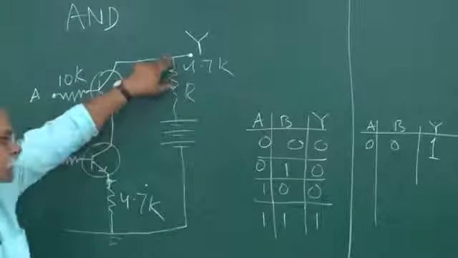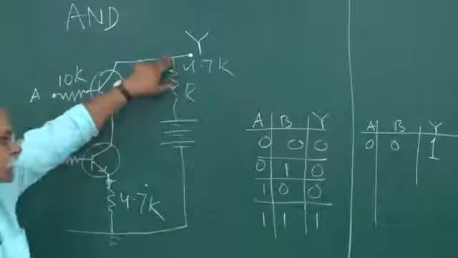What if A is 0 and B is 1? Once again, if this is 0, this is in cutoff region, it does not conduct, although this can conduct, but after all the current needs the full path. So no current here. If no current here, no current here, then again this potential appears here, and therefore this is 1.